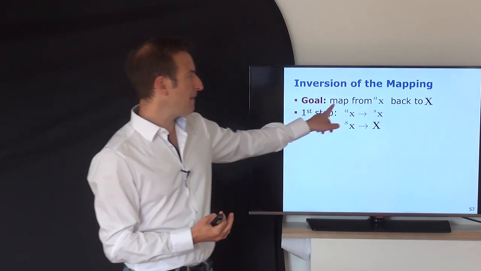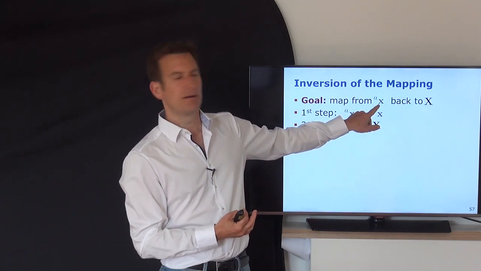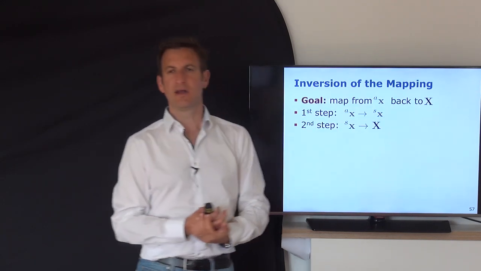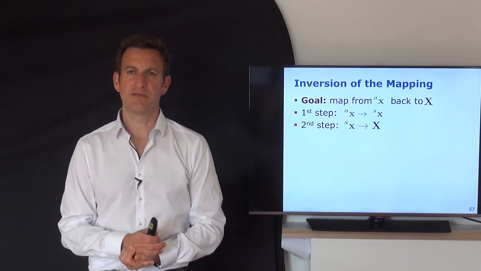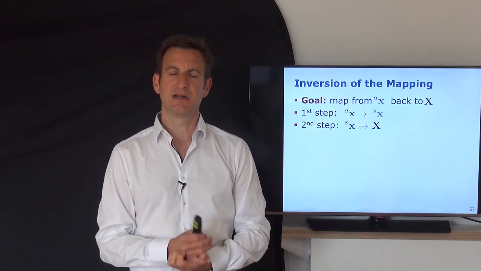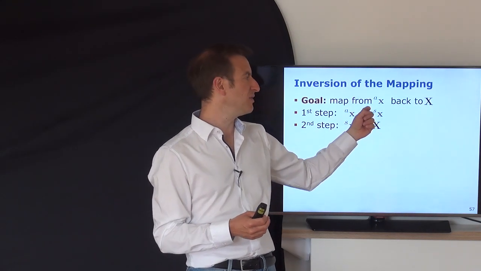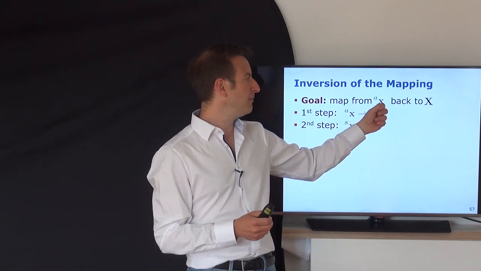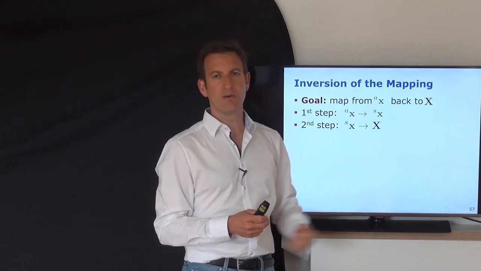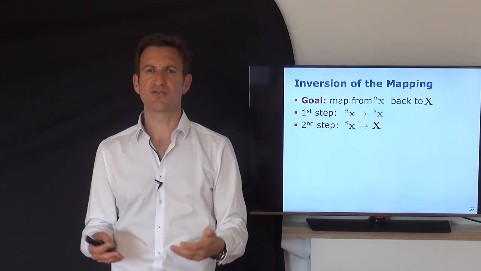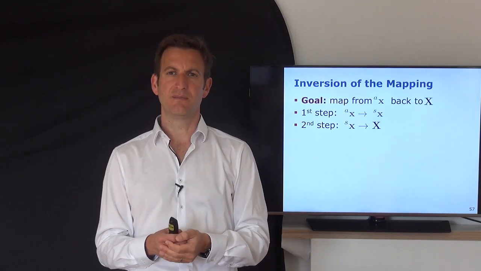So the goal is we want to map back from my pixel coordinate in my corrected image and infer the coordinate of the point in the 3D world. And again, I can tell you already right now that this is not doable. We can't do this perfectly, that based on XA we know the XY coordinate of the point. That's not possible, but we can constrain where that point can be in the 3D world.